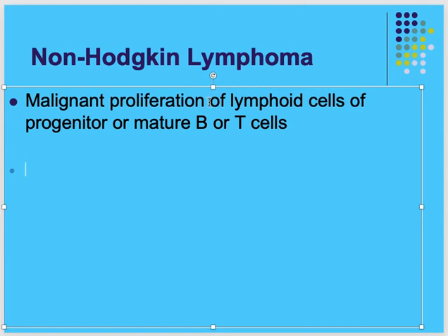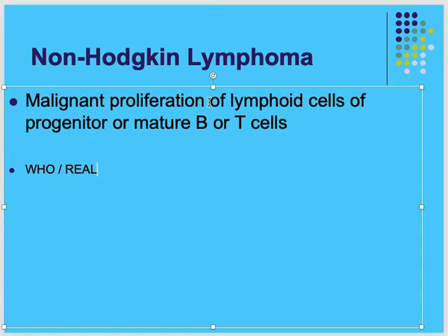How do we classify that? Again, a lot of classification systems exist to classify this one. It's up to you if you want to go into the classification. The WHO classification is there, then there is something called the REAL classification also. So a lot of classifications are there.